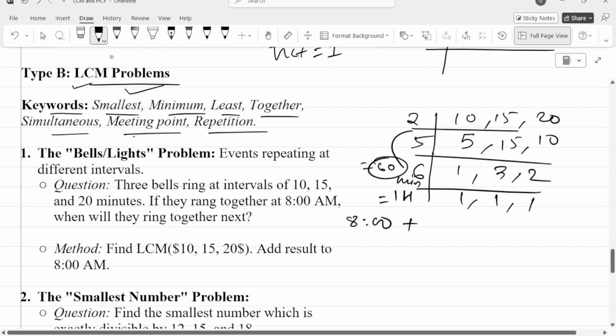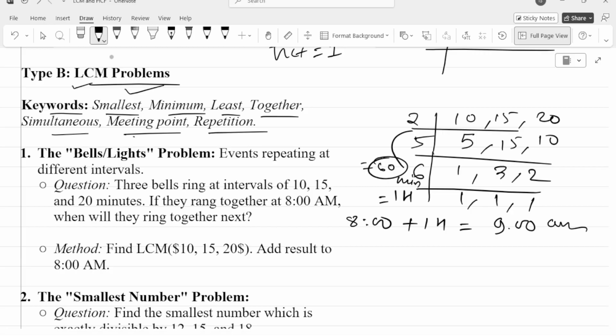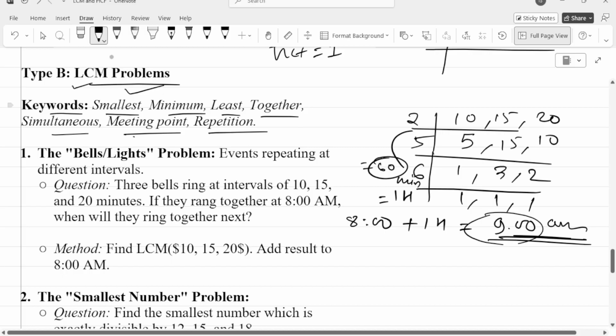Starting at 8 a.m., 8 hours plus 1 hour, what is the time? 9:00 a.m. The next time all three bells ring at the same time is 9 a.m. So here the answer is 9 a.m.